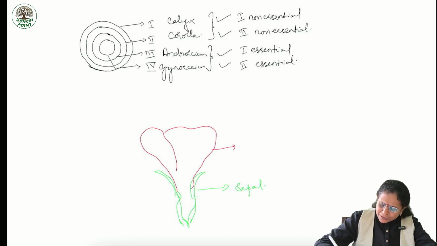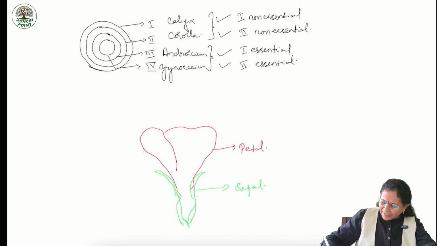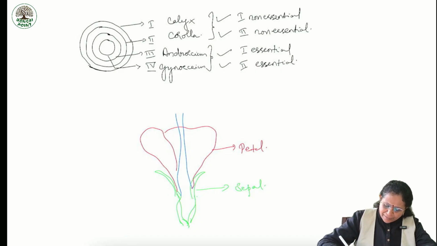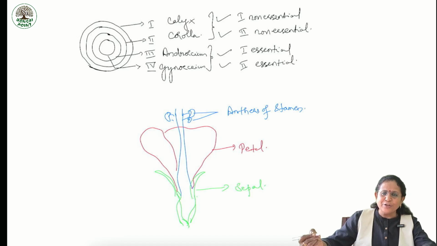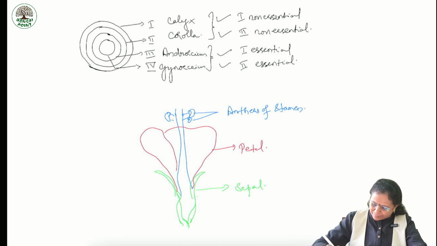Okay. So, individual unit of corolla is called petal, and then comes the andrecium. These are nothing but the stamens. These are the anthers of stamens. What is a stamen? I told you individual unit of andrecium is called stamen.